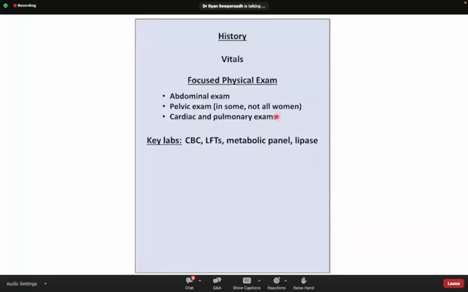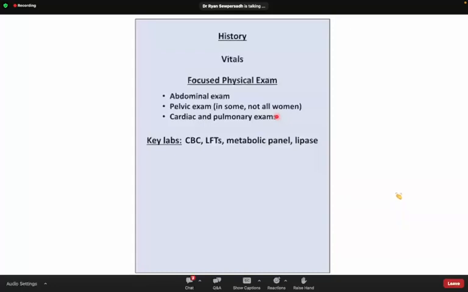Now, since cardiac and pulmonary disease can refer to the upper abdomen, those exams should be performed as well. Okay, you may notice here that I have not listed a rectal exam. That's because a rectal examination is generally not indicated unless anorectal disease is suspected, specifically.